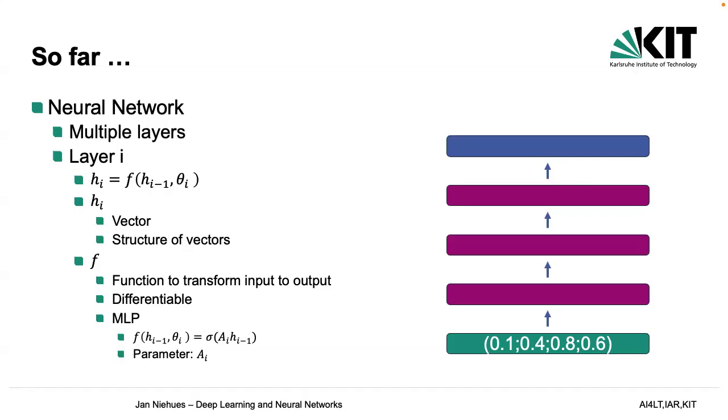The simplest example for that would be a multi-layer perceptron, or a single layer of it, where we're just doing a linear transformation. We take our hidden representation h_{i-1}, multiply it with our weight matrix A_i, and get a new hidden representation. Then we need to apply a nonlinearity, and that is our new hidden representation.